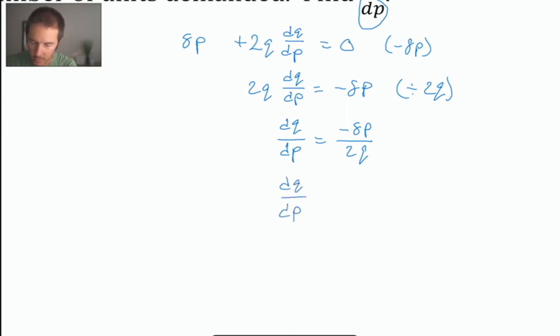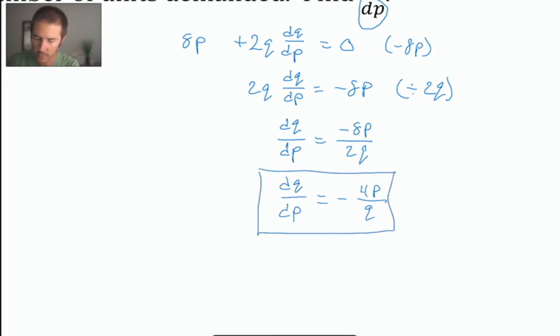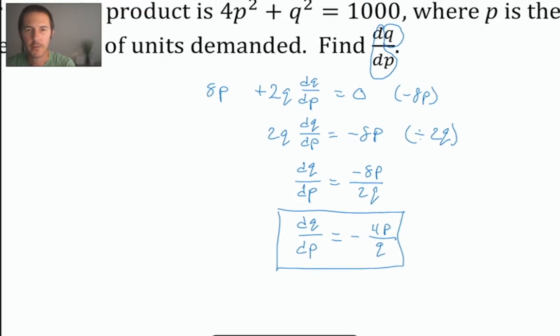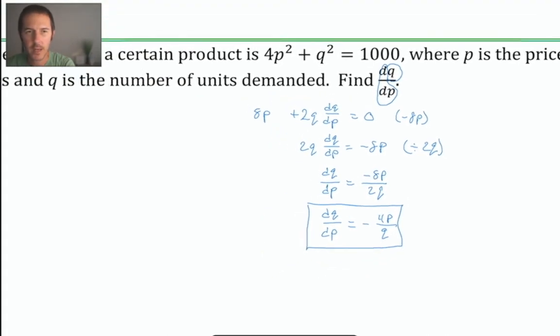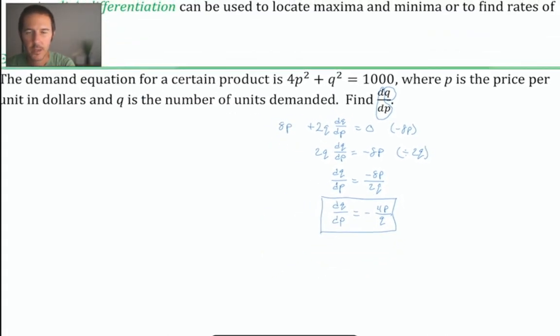Unless you're good at walking and chewing gum at the same time, just make sure you're exercising the same care with your arithmetic as you were when you were deciding to include those extra factors like dq over dp. I put a box around this, and it is my final answer.